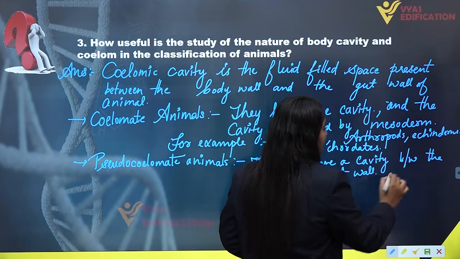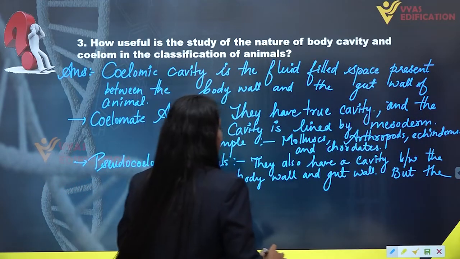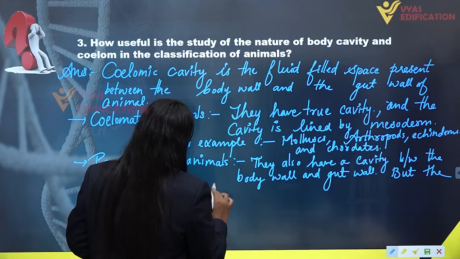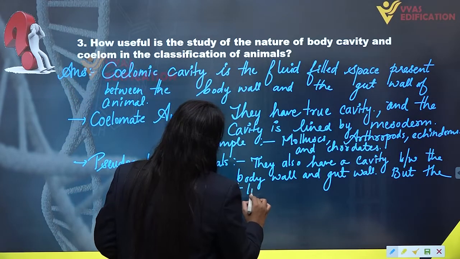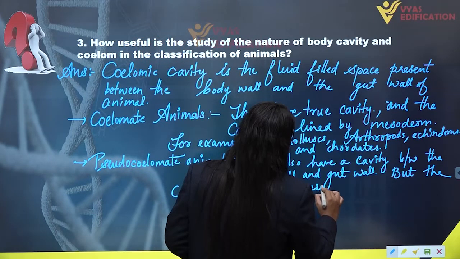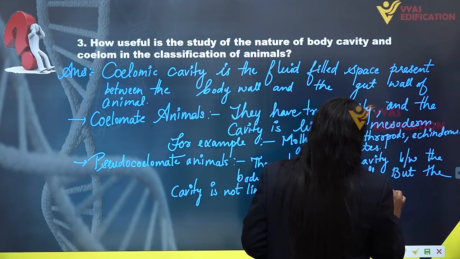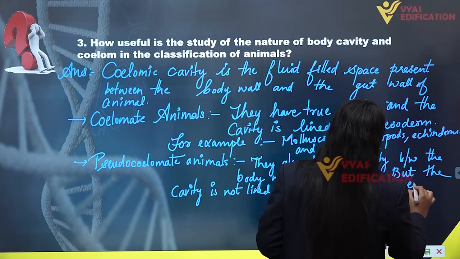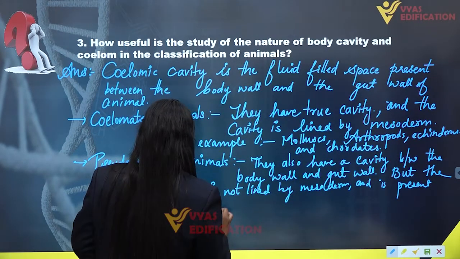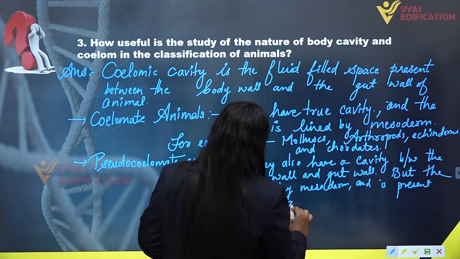But the most important thing is, the cavity is not lined by mesoderm, and the mesoderm is present in the coelom as scattered pouches.